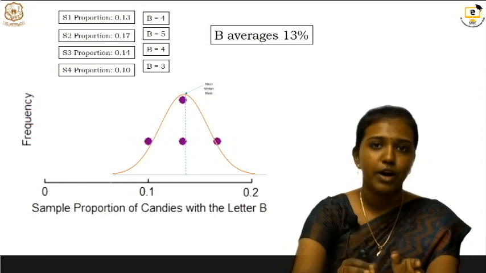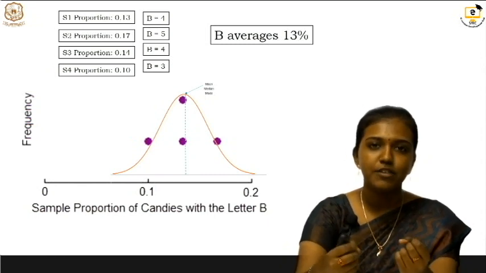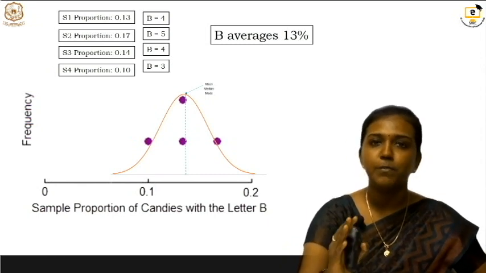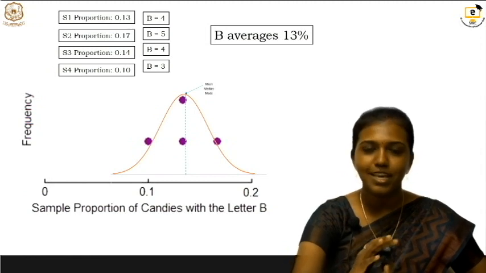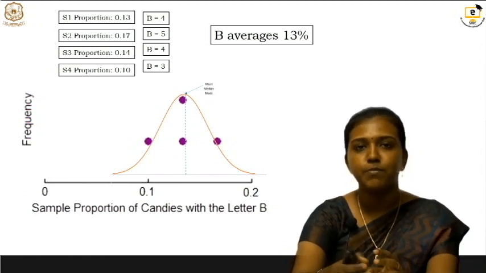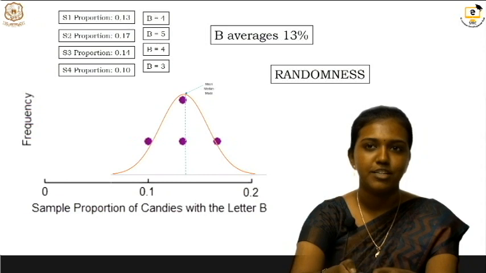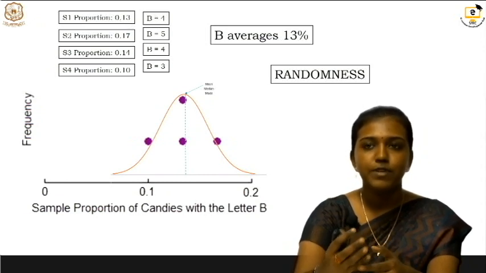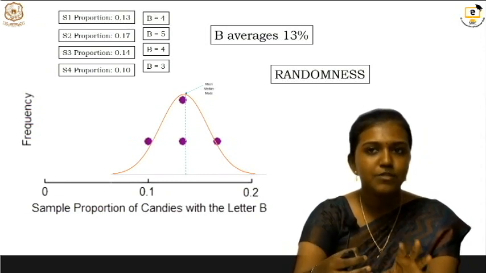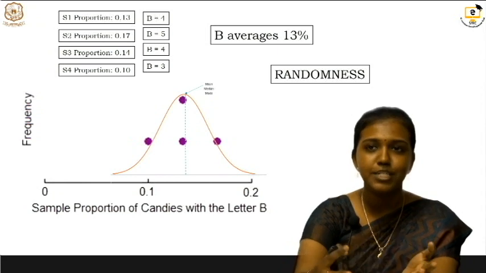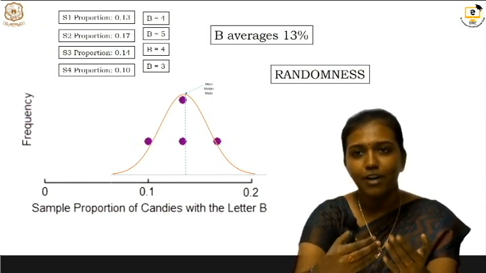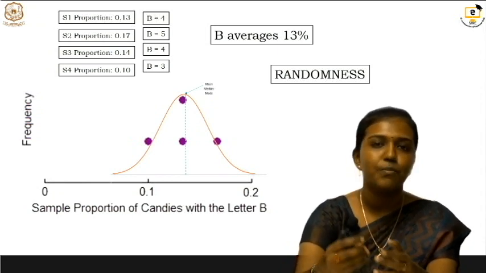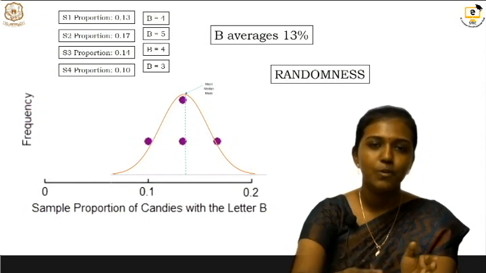So that is why, for the infinite population we are talking about in research, sampling plays a major role, because we are making an infinite population into a finite one so that you can conduct research. You can see how taking 4 samples from the same population ensures randomness, because all the values of proportion circle around 0.13. So this is how simple random sampling works.